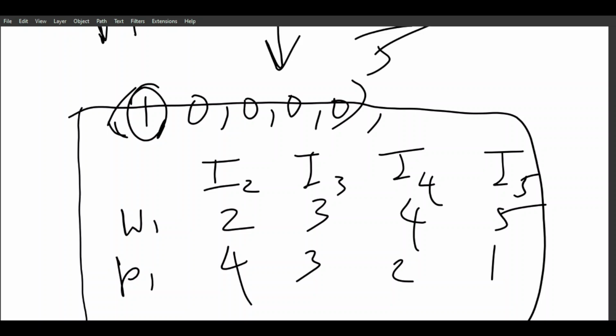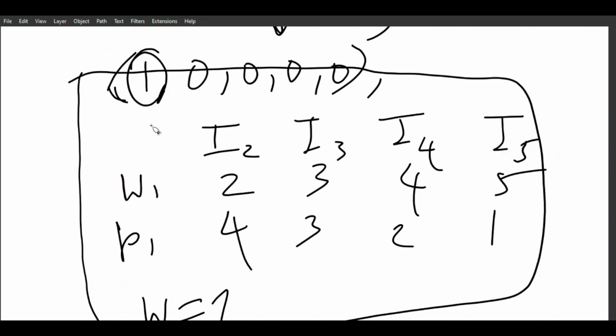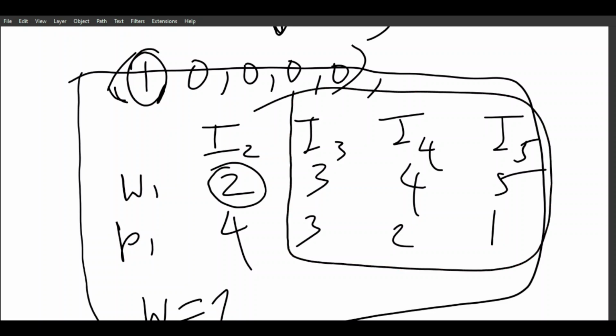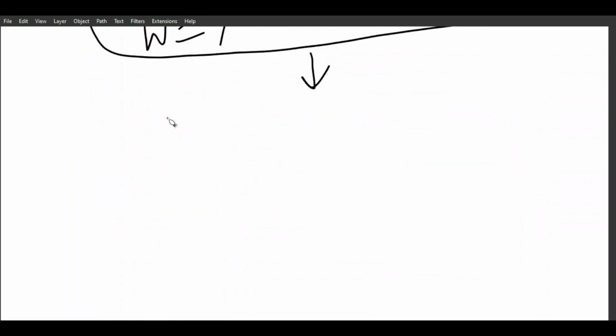Next in our list is the second item, which is most profitable. So we choose the second item, it has weight 2, it can fit in the knapsack, we put it in the knapsack, our subproblem becomes even smaller, and knapsack capacity is also decreased. So this leads to the next partial solution.